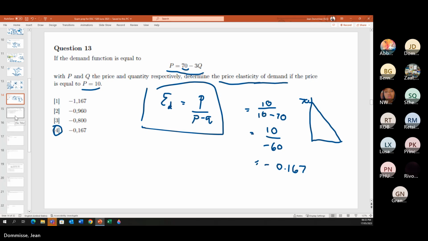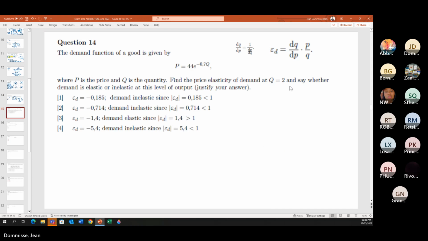Okay, so now they're going into a bit more difficult elasticity, inelasticity. So they give you the demand function. Okay, so this is quite a different function that we have here, where P is for price, Q is for quantity.